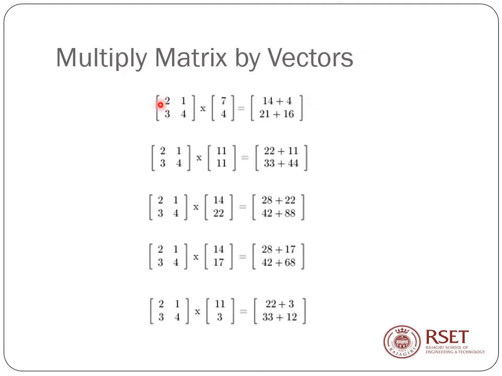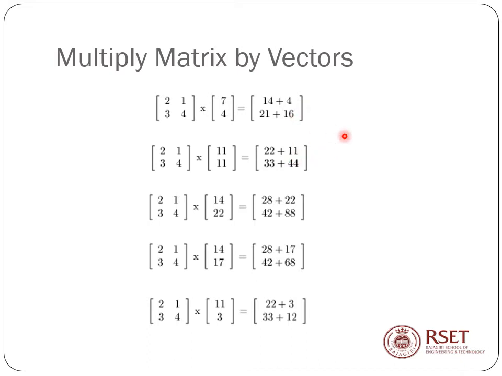Now what you have to do is, this is our main multiplication element, that is our key, A, which is 2, 1, 3, 4. You will be multiplying this 2, 1, 3, 4 with 7, 4. You take each 2 by 1 vector and multiply it with A. So what will you get? It is 2 into 7 plus 1 into 4, 14 plus 4, 3 into 7 plus 4 into 4, that is 21 plus 16.